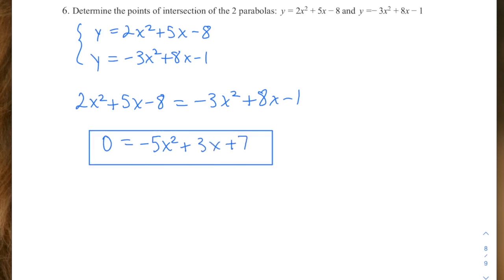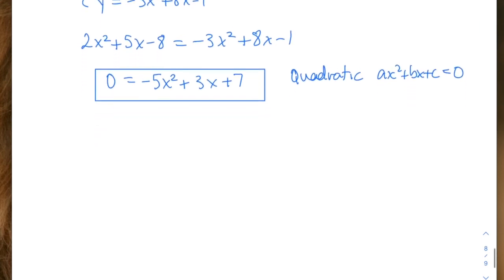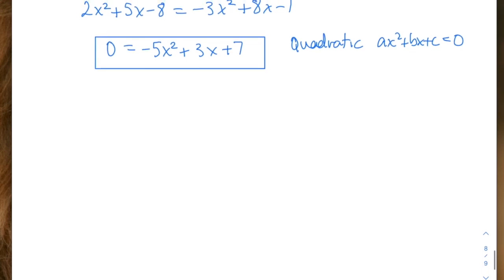So I can see that this is taking the form of a quadratic equation, ax squared plus bx plus c set equal to 0. So I'm allowed to use the quadratic formula. So let's do it.